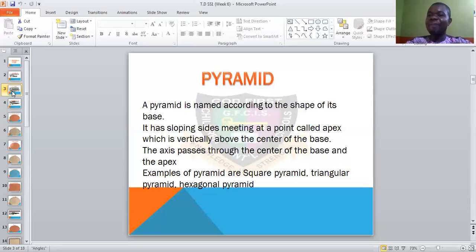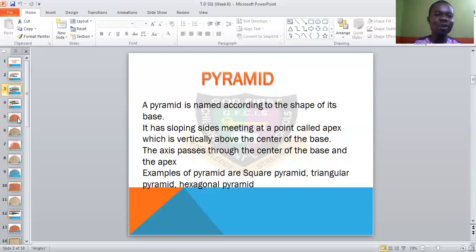So just the way the prisms are, the names are given. Also in pyramid, if you have a square side as base, you call it square pyramid. Having triangular side as base, you call it triangular pyramid, and so on and so forth.